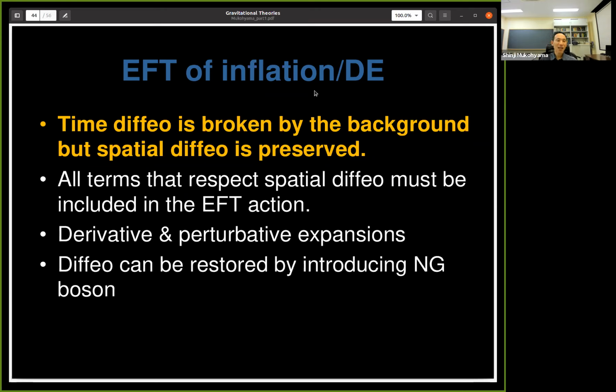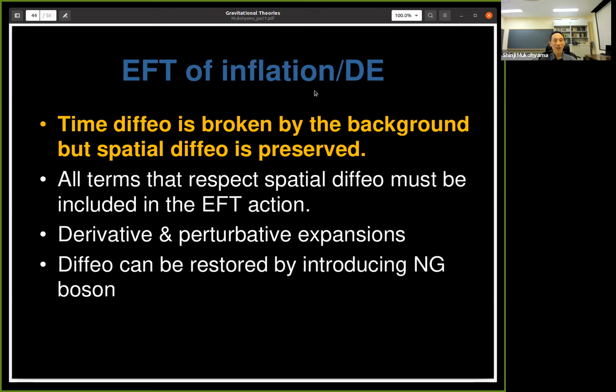So the exponential expansion should end at some point, and we need to do that almost at the same time. Otherwise the exponential expansion ends here earlier, and here later, and so it's completely chaos, and the universe after that would be completely inhomogeneous.